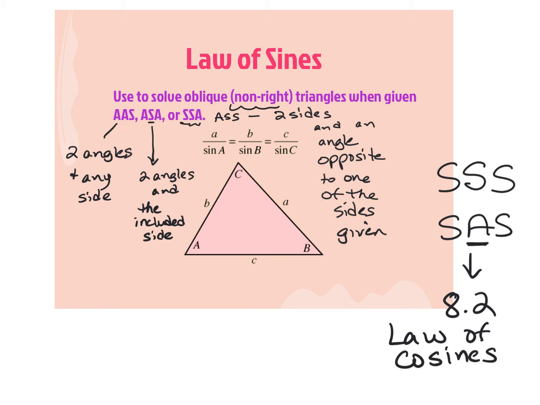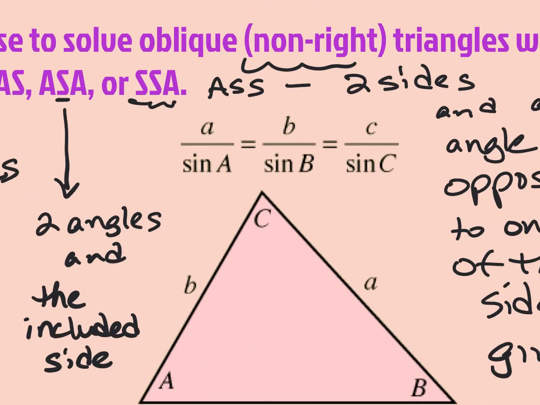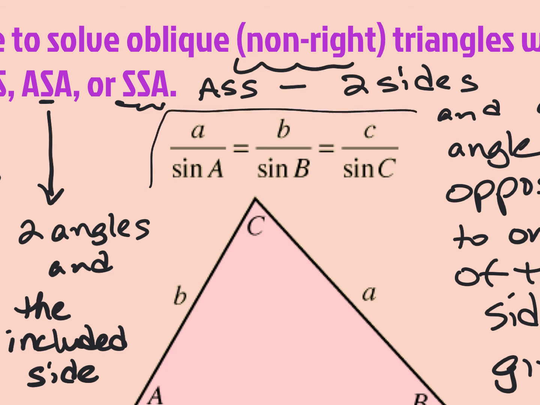Now, what we're going to be doing here is notice the formula here. And again, the naming of the triangle is going to be important. The capital letters in this formula represent the angles. The lowercase letters are going to be the side across from that angle. So when you're given the information, a lot of times you're not given a picture.